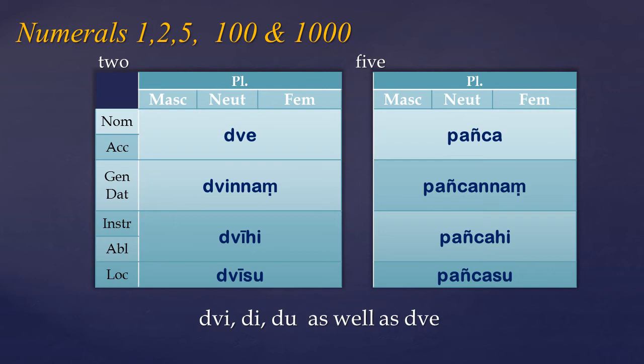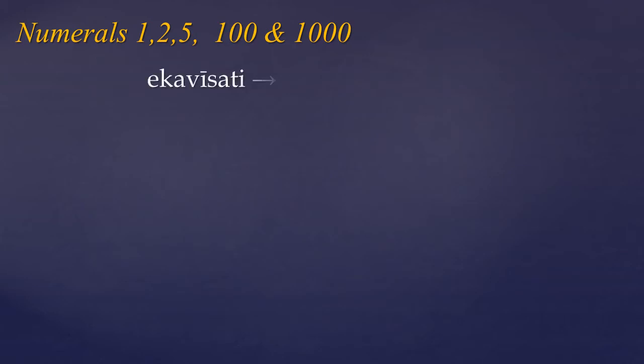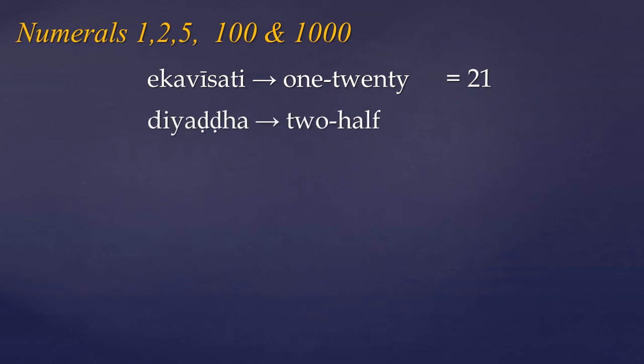And something I forgot to say when we looked at Dvandva compounds, 2 numbers combined usually implies addition. 1 and 20 equals 21. But an exception to this rule is with the word addha, meaning a half. When addha is compounded with another number, it usually means minus a half.